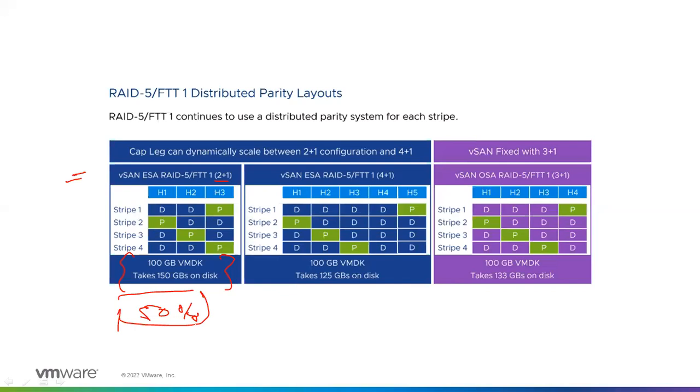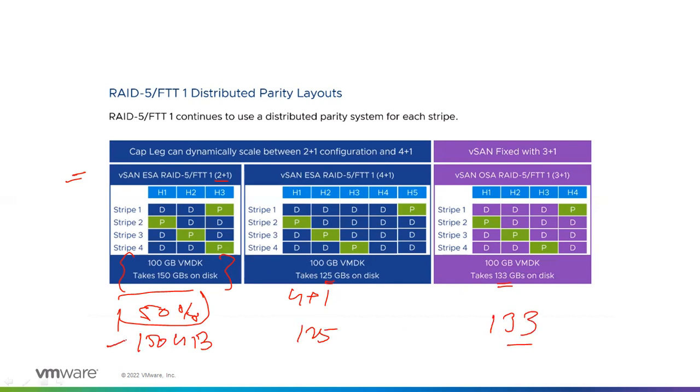How much was it with OSA? 33%. And if we go with the 4+1 architecture, plus 25%. It means if my original data is 100 GB, then here it will go to 150 GB, here 125 GB, and here 133 GB.